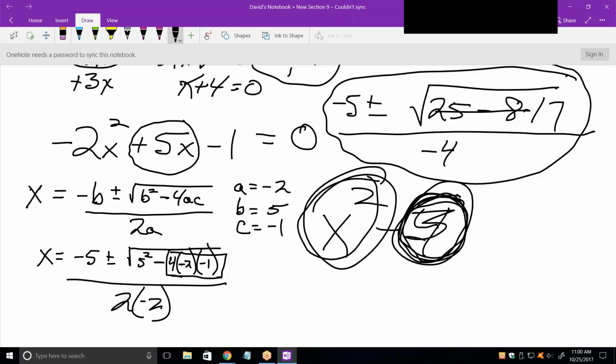I also can't divide top and bottom by any number to simplify this fraction. In other words, if this was a 6 and there was a 2 in front of the radical sign and I had a 2 in the bottom, well, then I could divide top and bottom by 2 and simplify it further. But at this point, there's our answer.